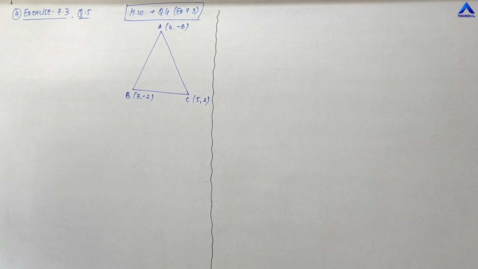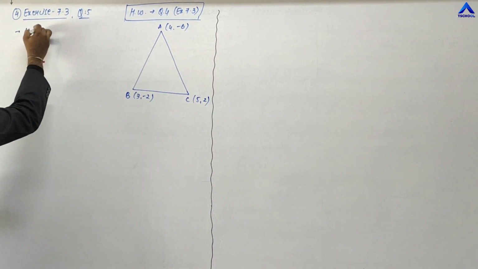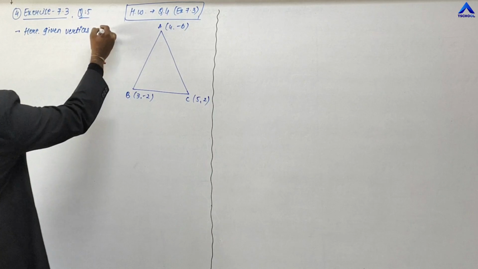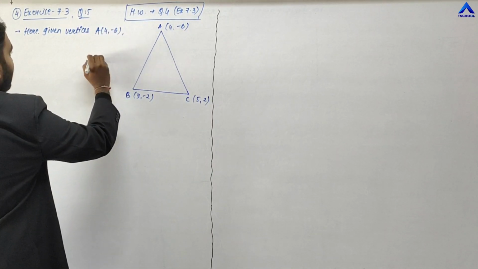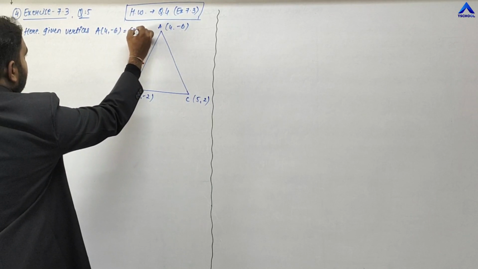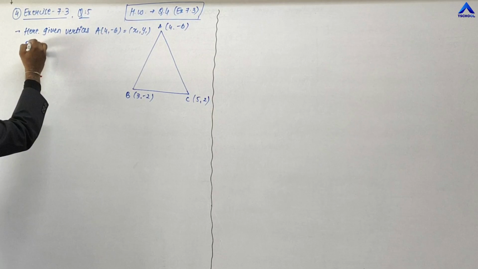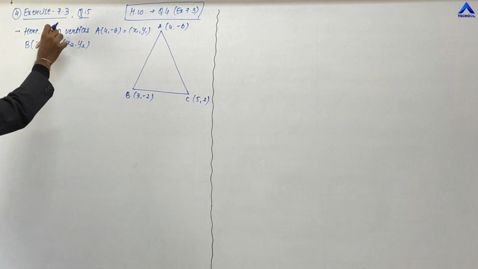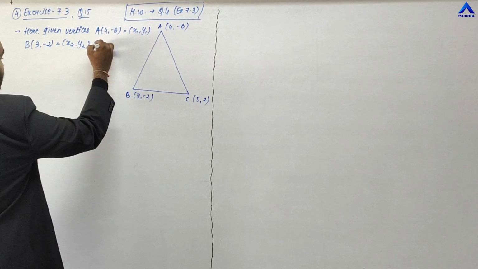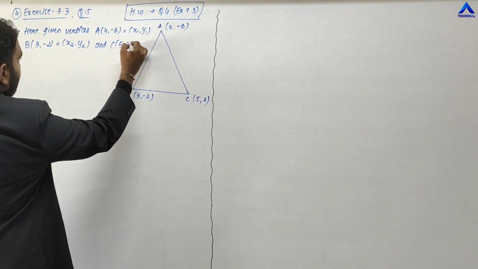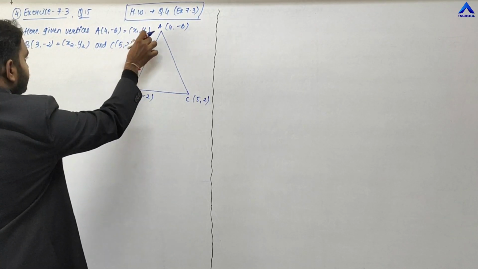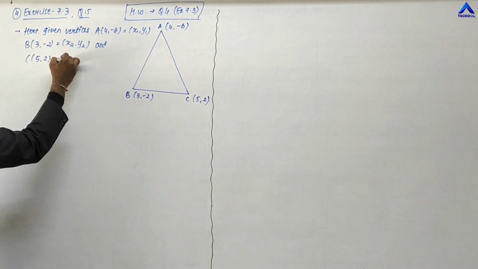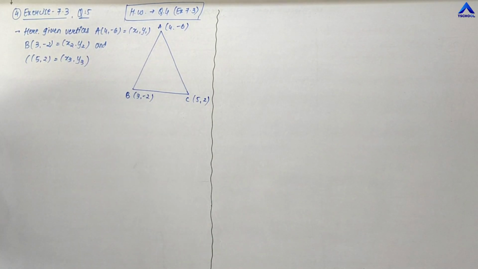Right? These are the three vertices given. Here, given vertices A (4, -6) is taken as x1, y1; B (3, -2) is taken as x2, y2; and C (5, 2) is taken as x3, y3.